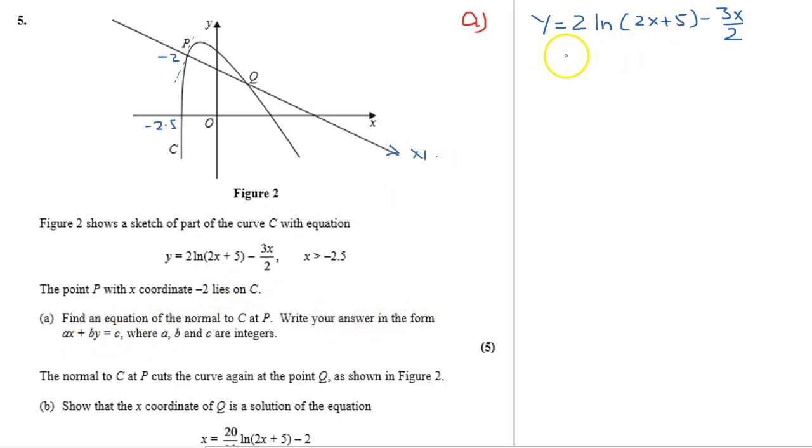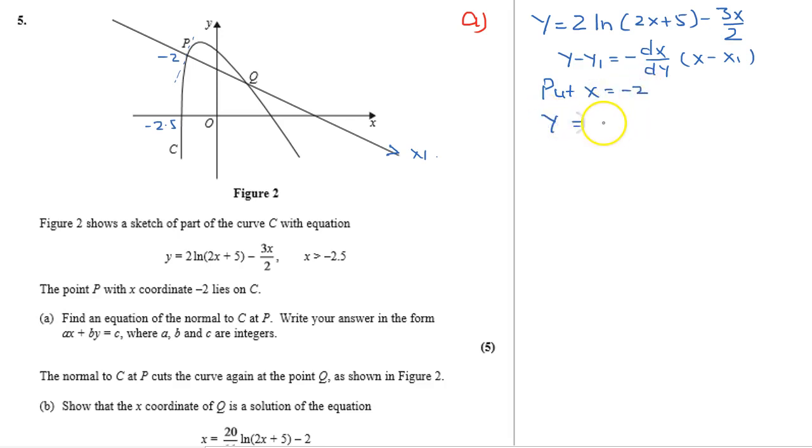Now the equation of the normal is y minus y1 is equal to minus dx over dy times (x minus x1). We have to find the equation at P, and we know x, so we have to find the value of y. So put x is equal to minus 2.